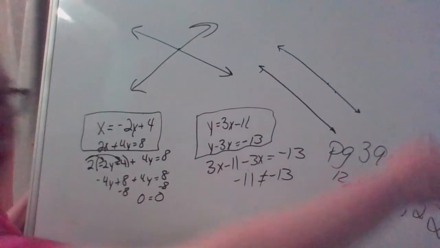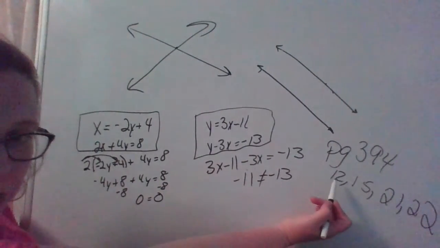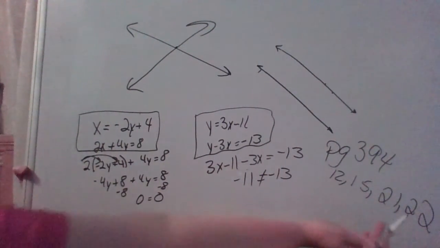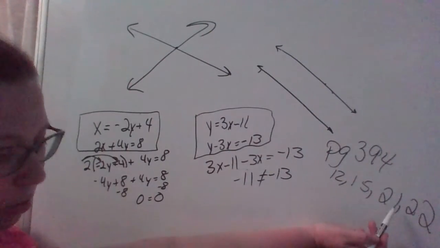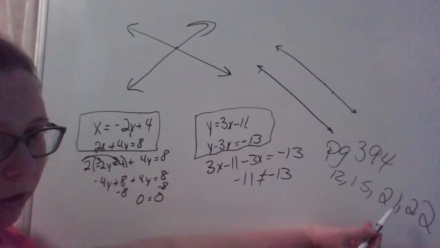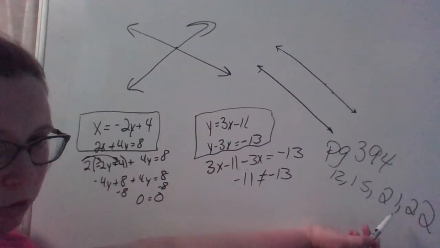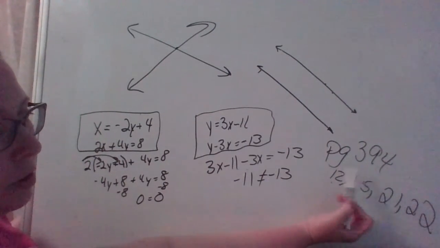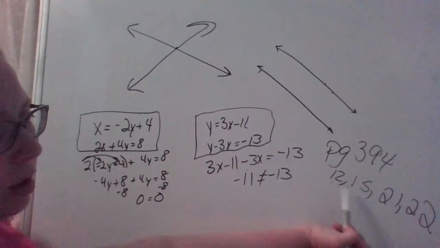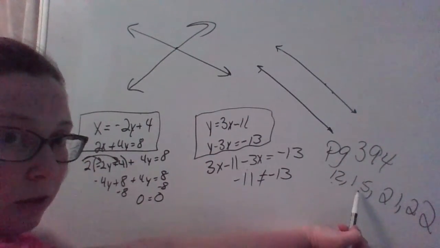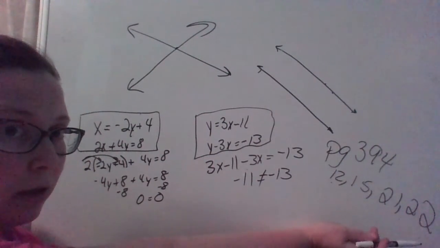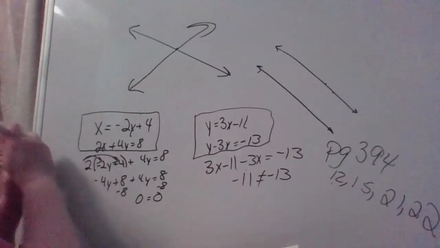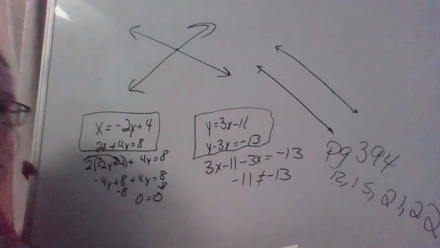So 4 problems here I want you to try. Make sure you're doing 2 checks for these ones. Check both equations. These ones are where you're going to find probably either an infinite number of solutions or no solutions. So what I want you to do is page 394, 12, 15, 21, and 22. Enjoy doing your last math homework of the year.